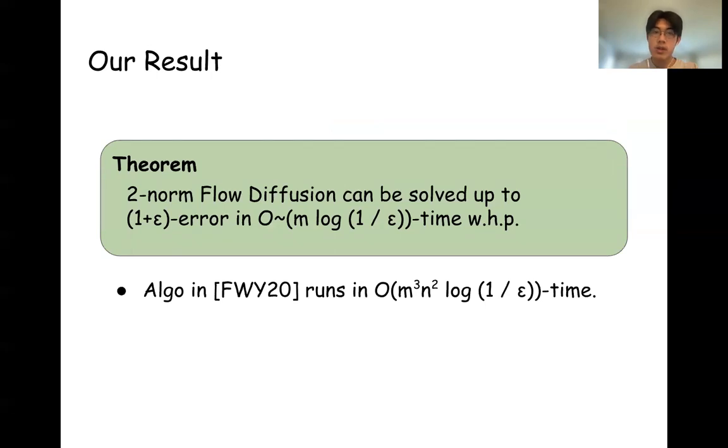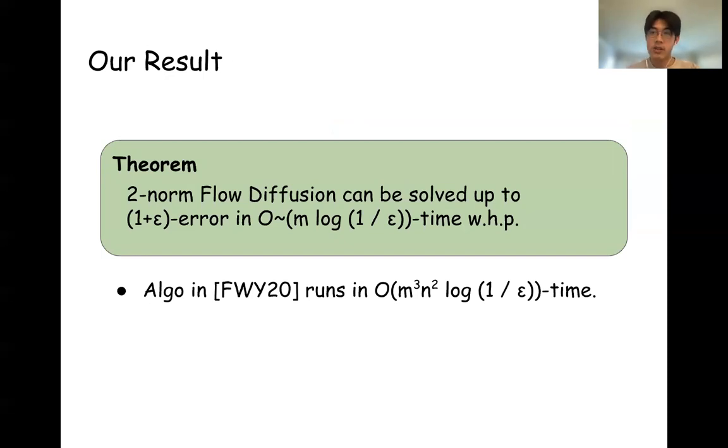In our paper, we show that the problem of finding the flow for the two-norm flow diffusion problem can be done in near linear time. Specifically, we can find the solution up to 1 plus epsilon error in near linear time times log 1 over epsilon with high probability.